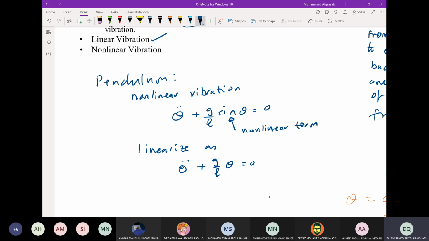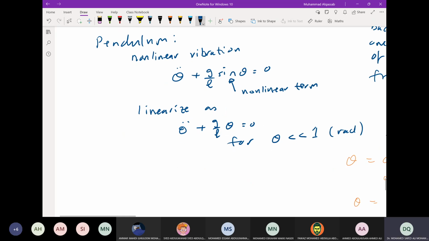Why is it linearized? This is valid for theta very much smaller than 1 in radians, not in degrees. So by nature, the pendulum is a nonlinear vibration, but we will make the approximation that sine theta is theta.